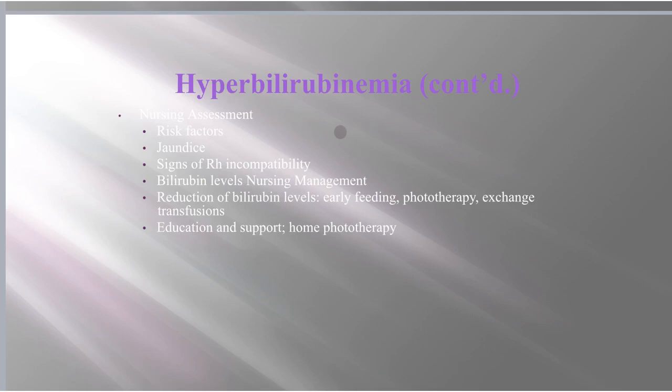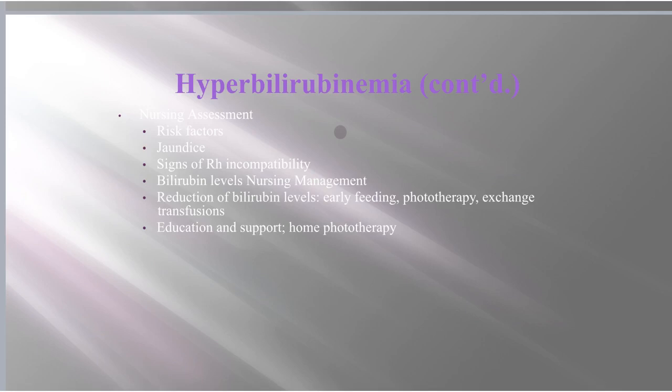We can do exchange transfusions. These are most common when we have that ABO incompatibility or that RH factor incompatibility, when those bilirubin levels are really high. So what we do with an exchange transfusion is we take out so many cc's of that baby's blood and we put back in the same amount of cc's of donor blood. What's that doing?